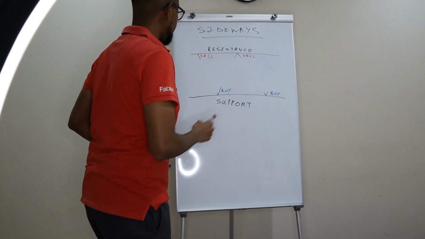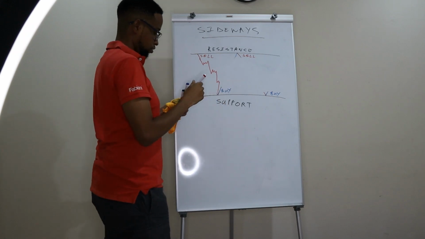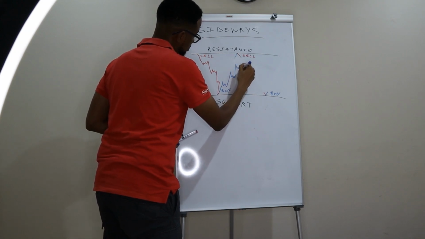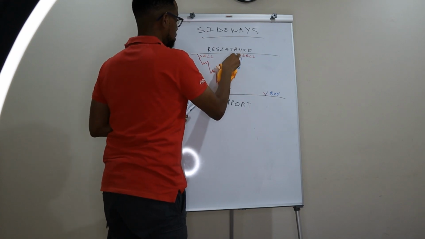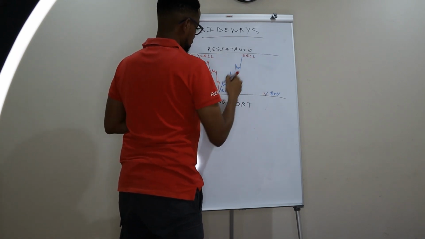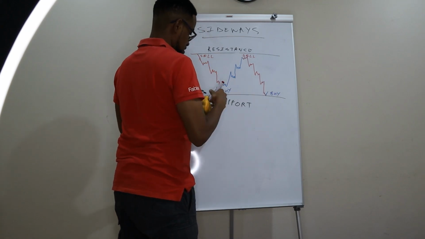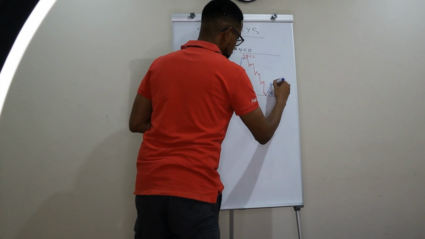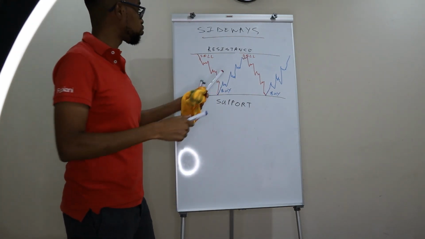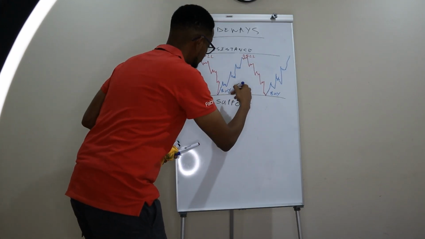Okay, we'll have something like this, and then it also, so you can see it shows you that it's an impulse, correction, impulse in this manner, in an uptrend, this small uptrend.